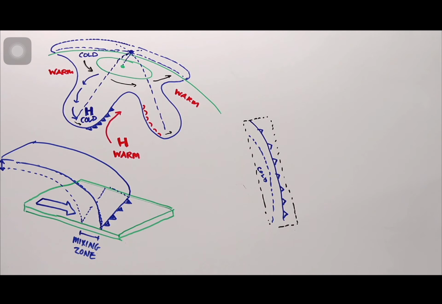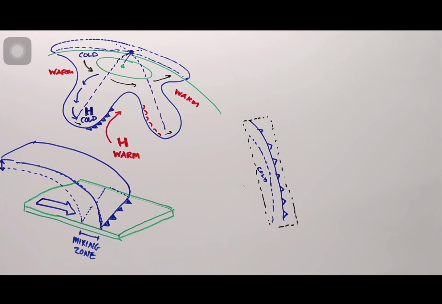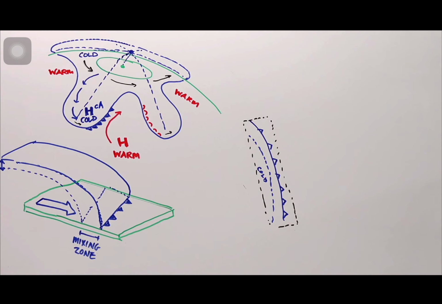So now that we're back at the whiteboard, what I want you to think of is these two highs right here. This high over here, remember, we said it was continental Arctic.